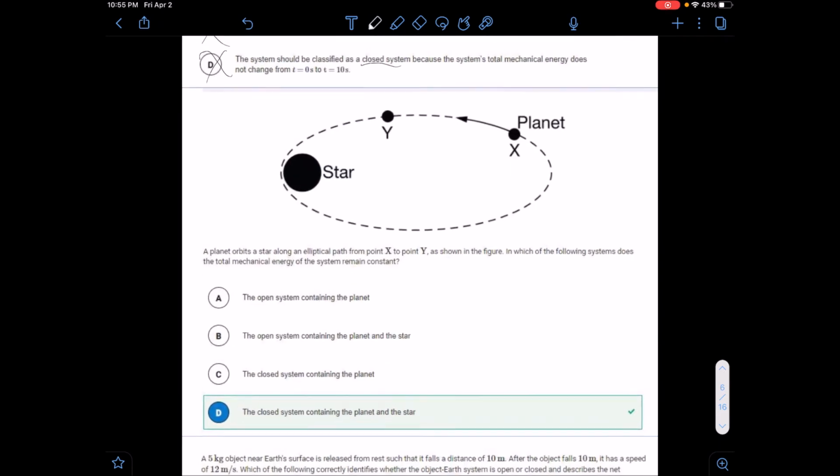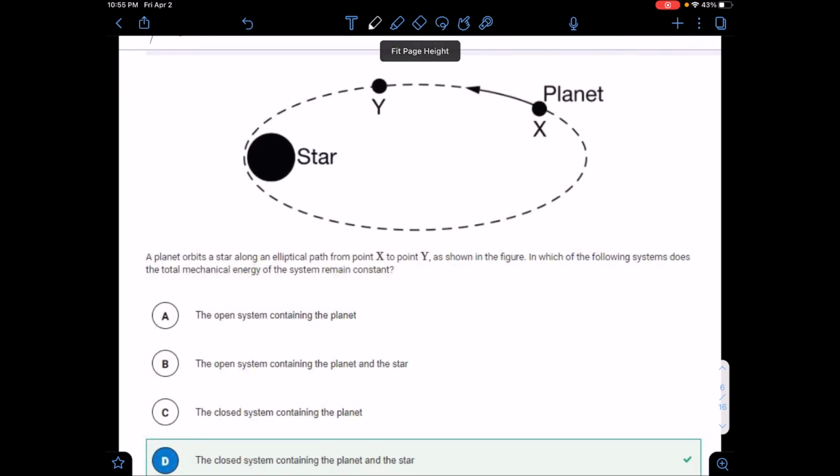Alright, next question. A planet orbits a star along an elliptical path from point X to point Y as shown in the figure. In which of the following systems does the total mechanical energy of the system remain constant? So, this is just one planet at position X and Y. And so, to answer this question, it would be best to use the law of deduction.